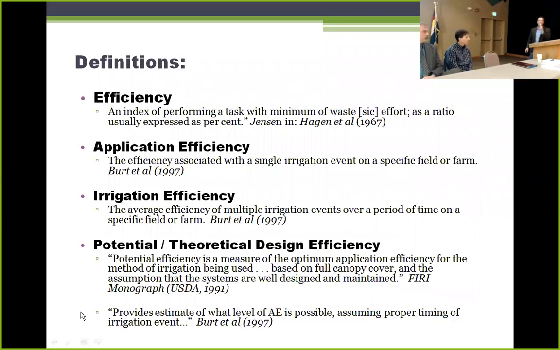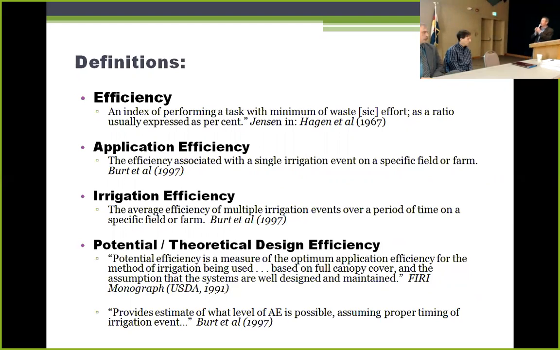So I want to provide just a couple definitions of efficiency that we look at. And in general, when we're saying efficiency, we're looking at the performance of an irrigation system expressed as a percent. And then we can have multiple definitions or takeoffs from that.